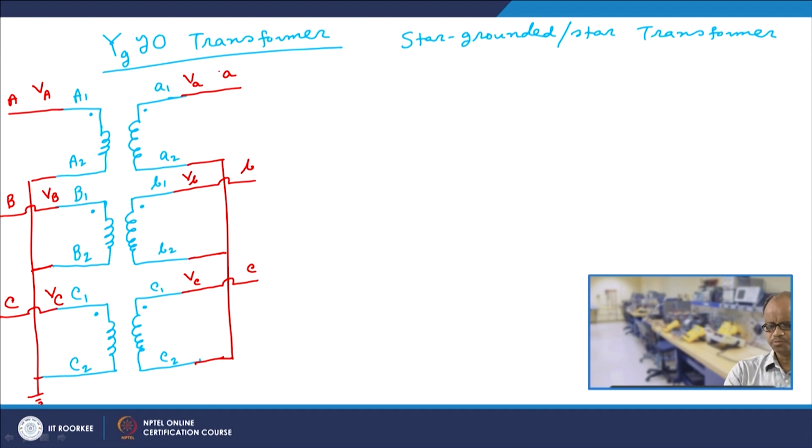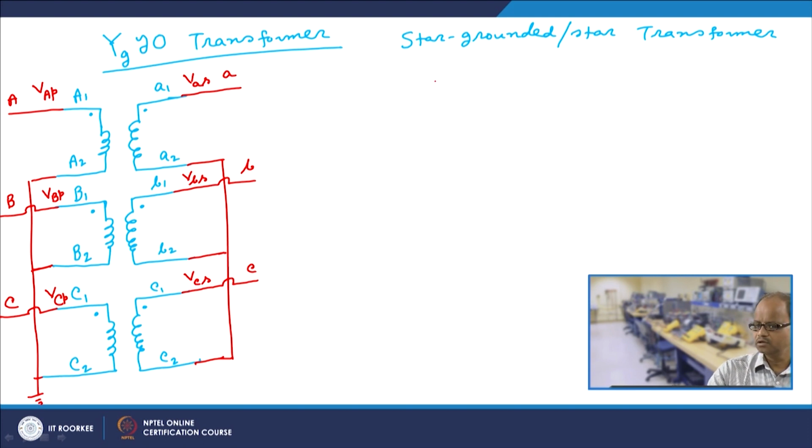To distinguish between the primary side and secondary side, we can write VAP, VBP, VCP, and VAS, VBS, VCS. Otherwise, sometimes capital C and small c are not very recognizable from each other. The currents are IA, IB and IC, etcetera.